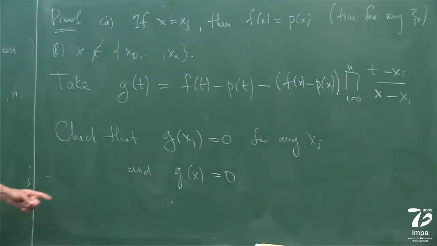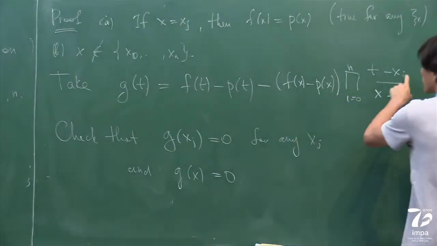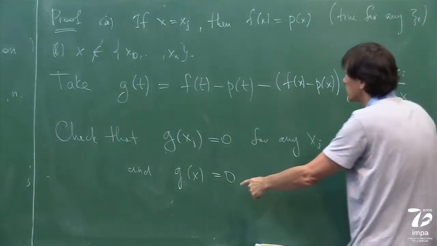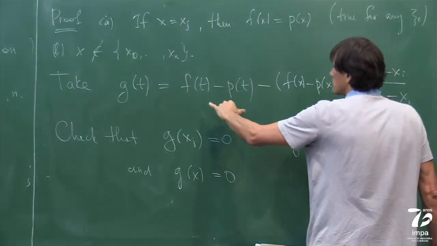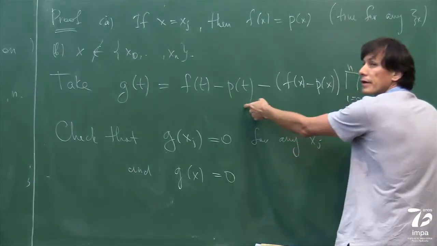See, if you substitute xj, these are equal by construction, and this product will give 0. And if you substitute x, this is 1, and they cancel.